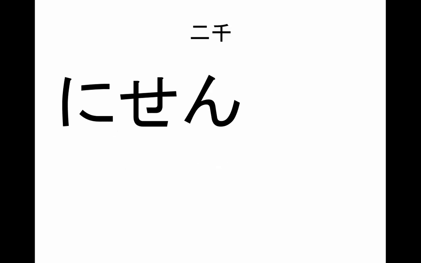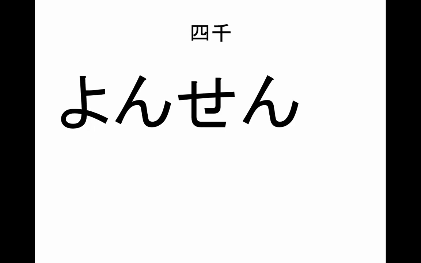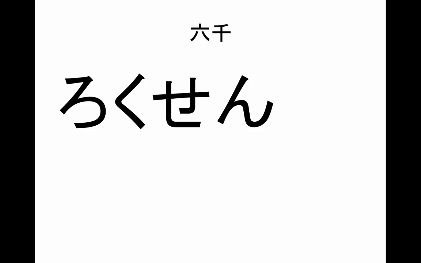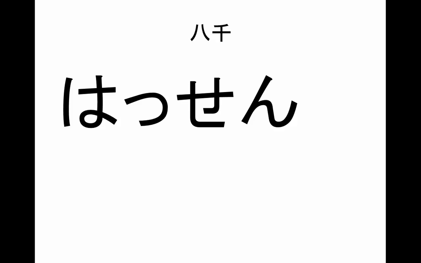And then nisen, sanzen for 3,000. Sanzen. 4,000, yonsen. 5,000, 6,000, 7,000, 8,000, hassen. Now notice it's not hachisen, it's hassen.